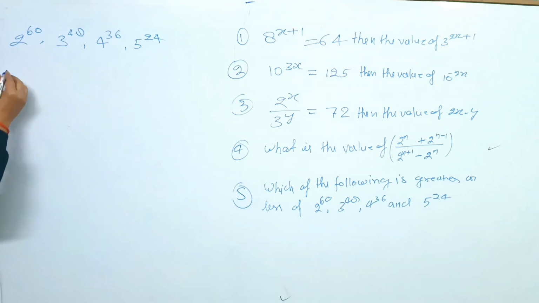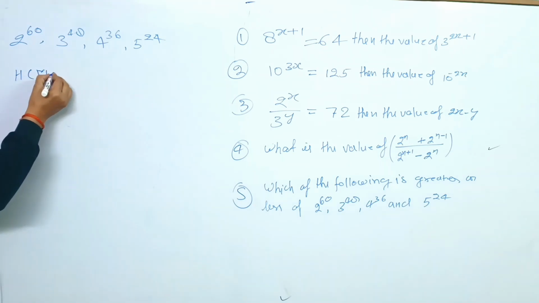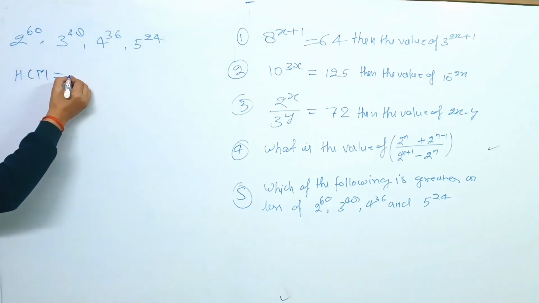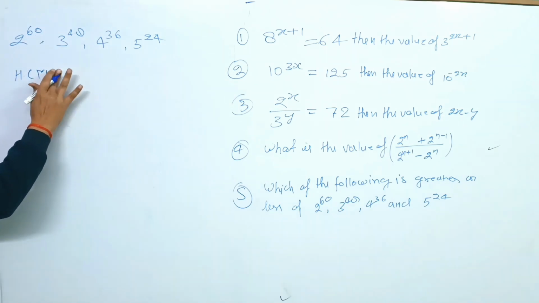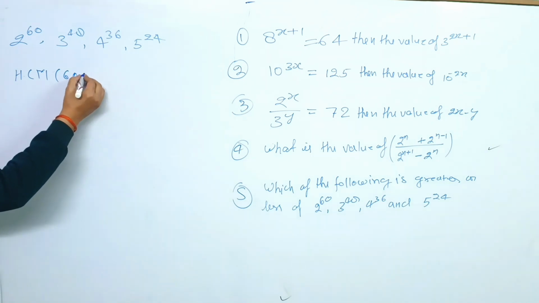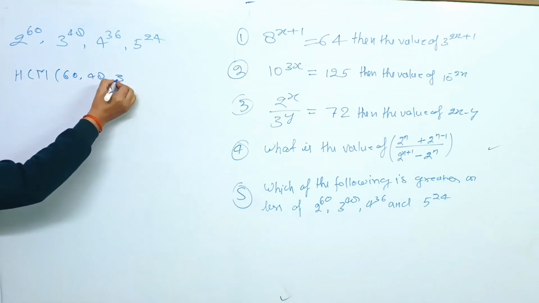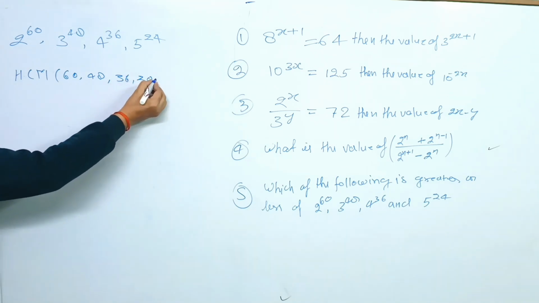So firstly we can take the highest common factor of the powers of the given quantities. That means the HCF of 60, 48, 36 and 24.